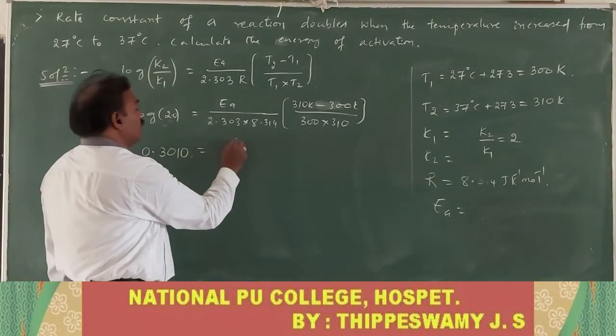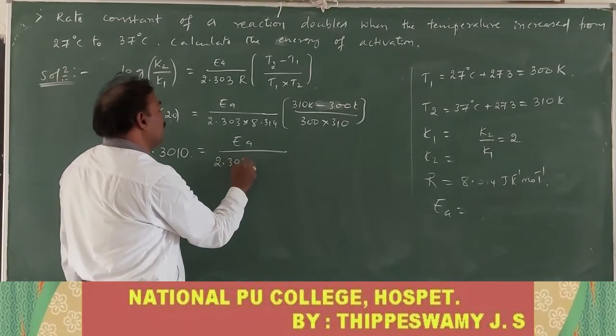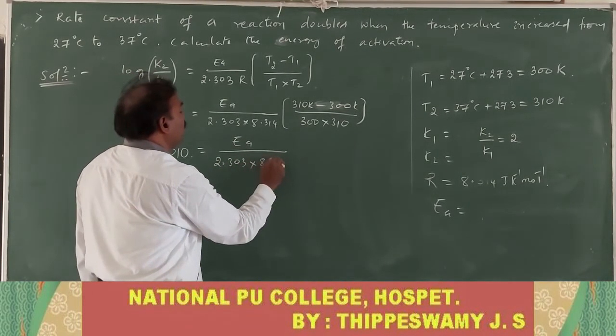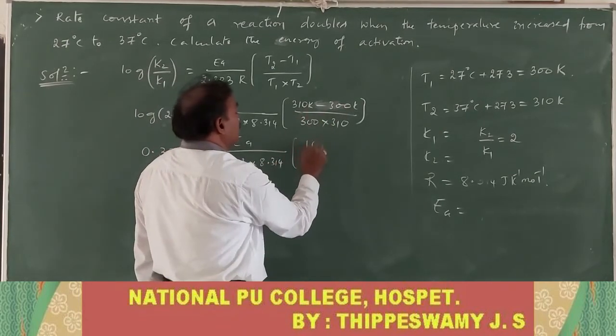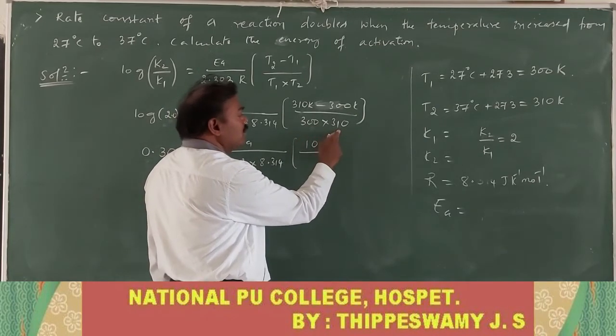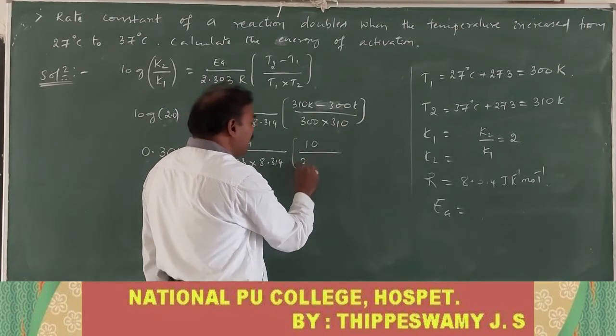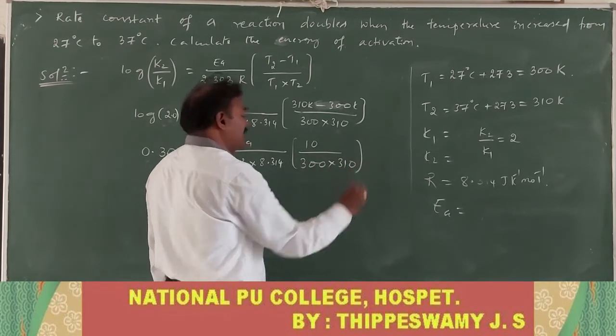This is equal to Ea divided by 2.303 into 8.314 into 310 minus 300, which is 10, divided by 310 into 300.